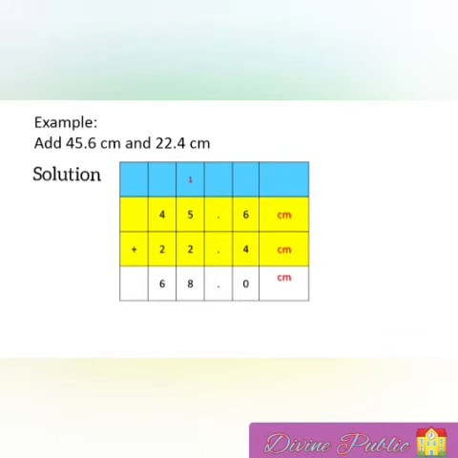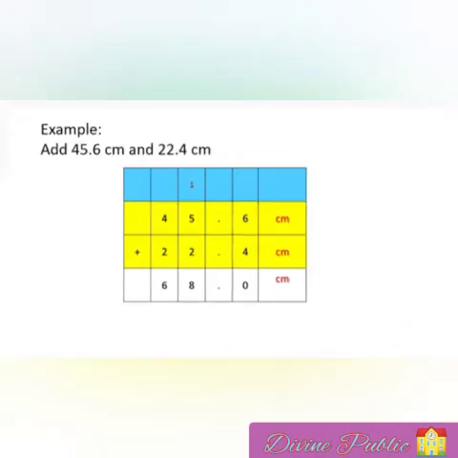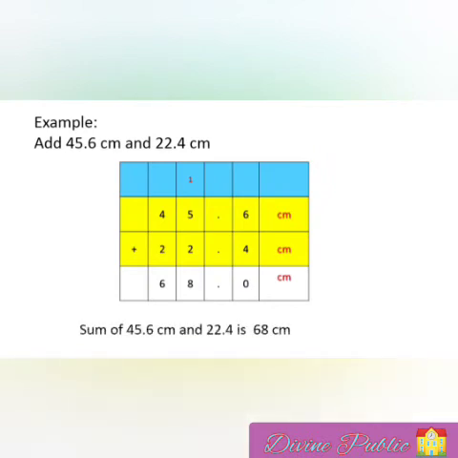Firstly, we have to arrange all the numbers in column as you can see here, and we will do the simple addition as we have done in the decimals. So after adding all the numbers, we will get 68.0 centimeter. Therefore, 45.6 centimeter plus 22.4 centimeter is equal to 68.0 centimeter.